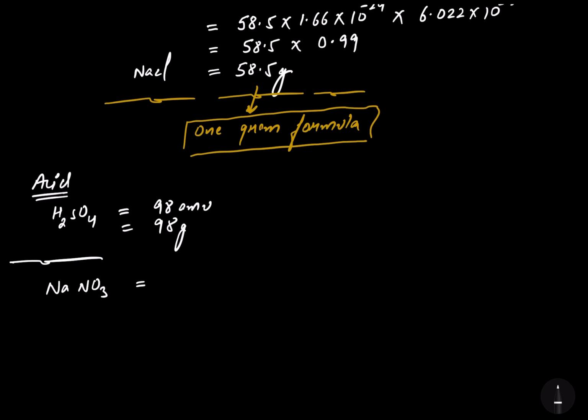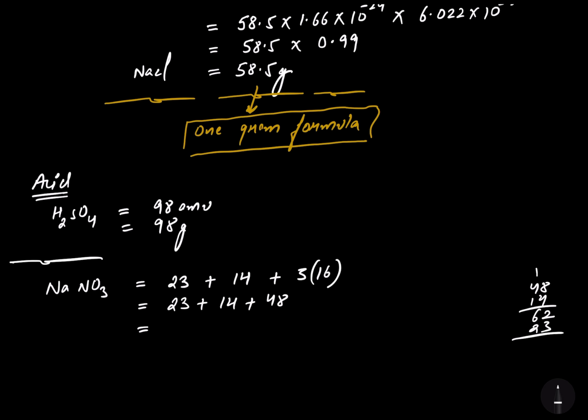Its mass comes out to be 23, that's for sodium, plus 14, that's for nitrogen, plus 16, that's for oxygen, but oxygen was 3 in number, so it comes out to be 3. It is now 23 plus 14 plus 48, that is 48 plus 14, 62 plus 23, 85.